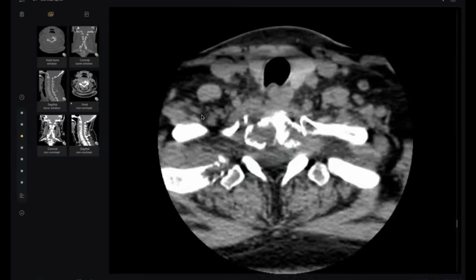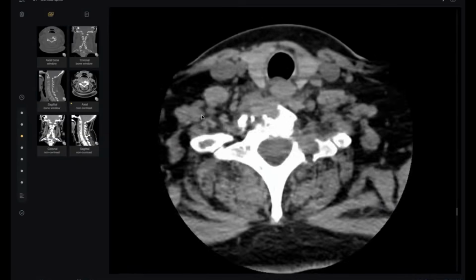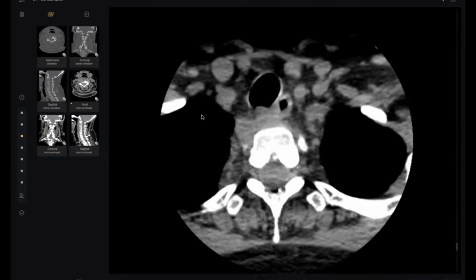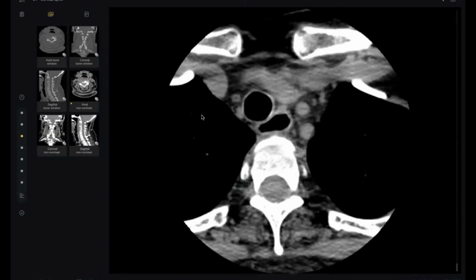I would like to scroll further down to check. The thyroid appears unremarkable. There are no nodules or mass lesions on the thyroid.